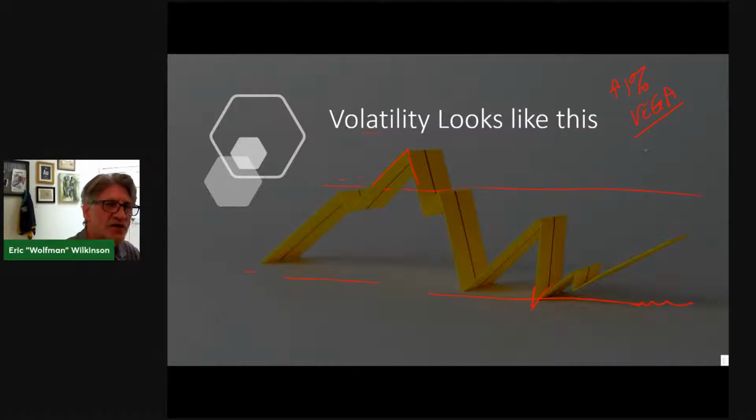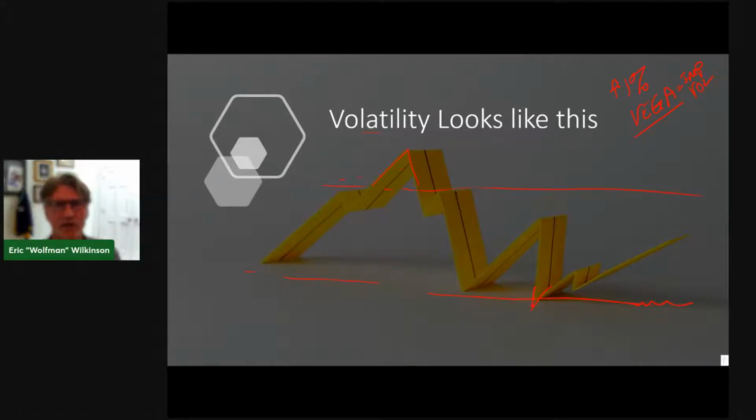Just know that Vega is implied volatility. Everybody knows it's volatility, but it is specifically implied vol. Vega only shows up in the option montage, and all it is, folks, is implied volatility. So whenever you see Vega, just know we're talking about implied volatility.